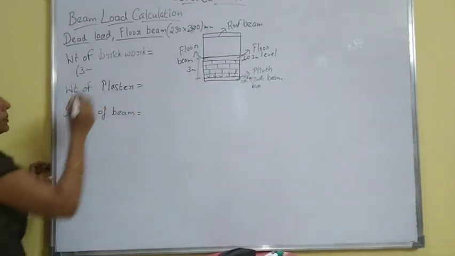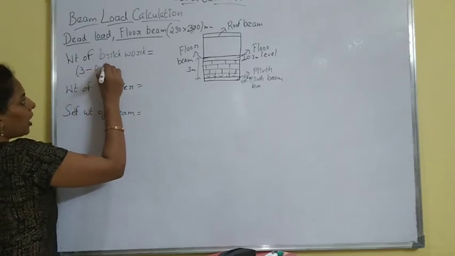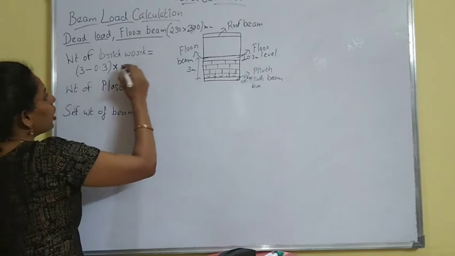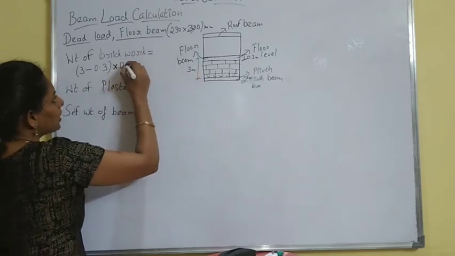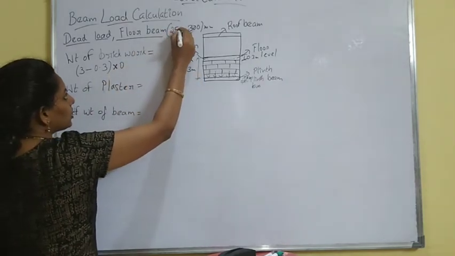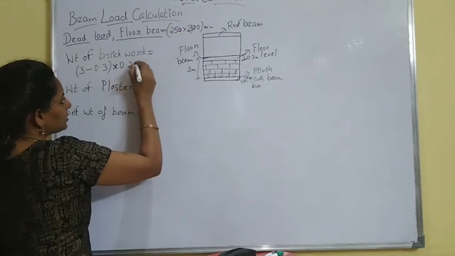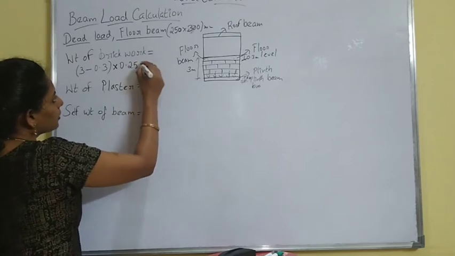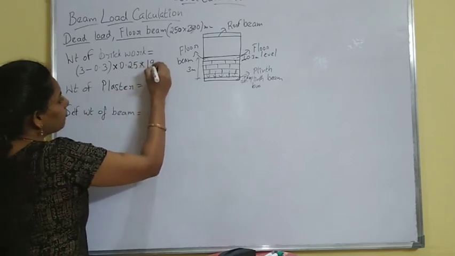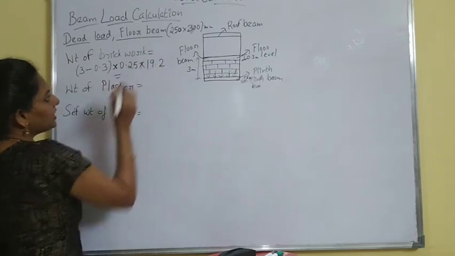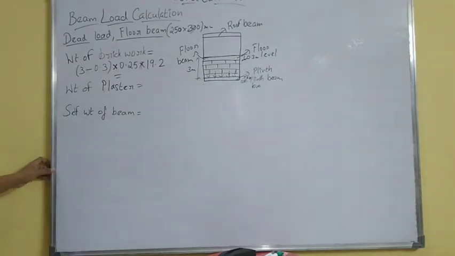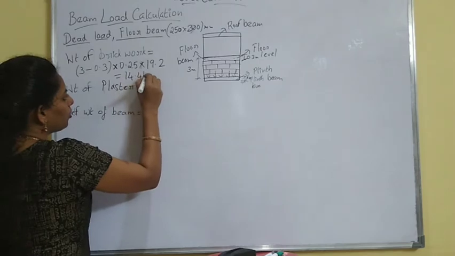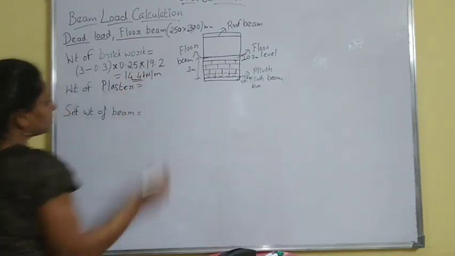that is 0.3, into the thickness of the wall. The thickness of the wall is 250 or 230, whatever you are going to consider. I'll consider a 250 mm wall. So 0.25 into the density of brickwork, 19.2, so the value will be 14.4 kilonewton per meter.